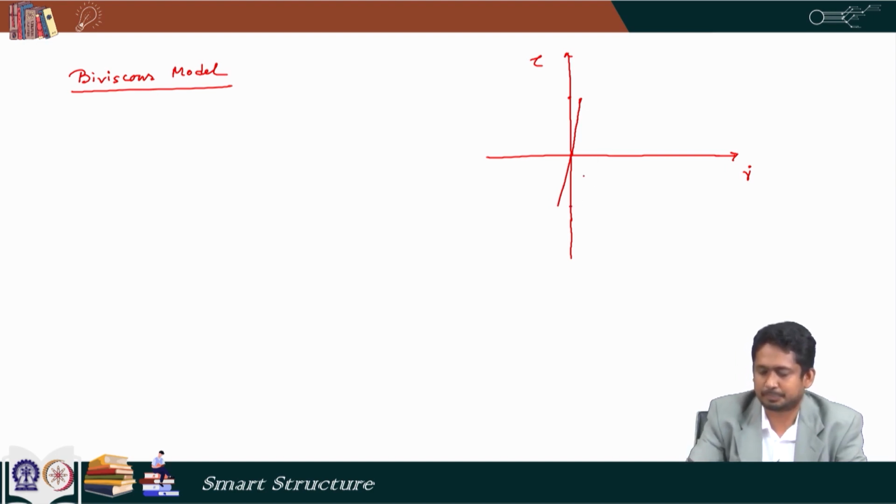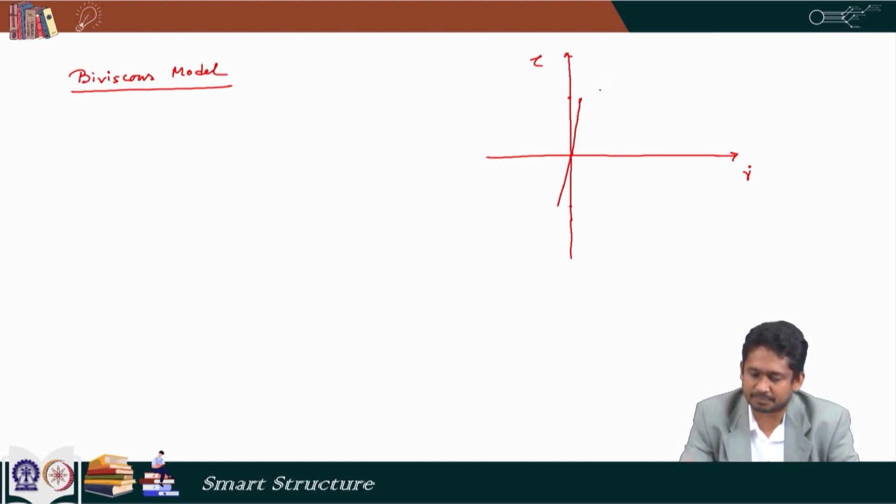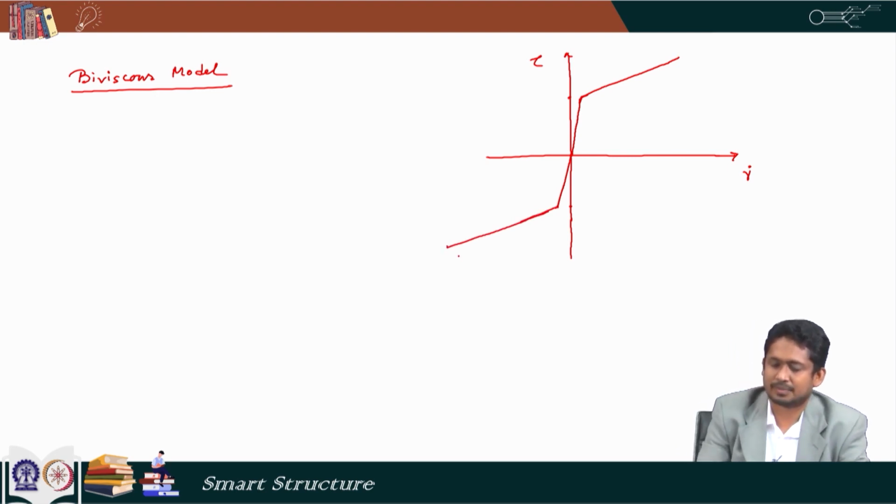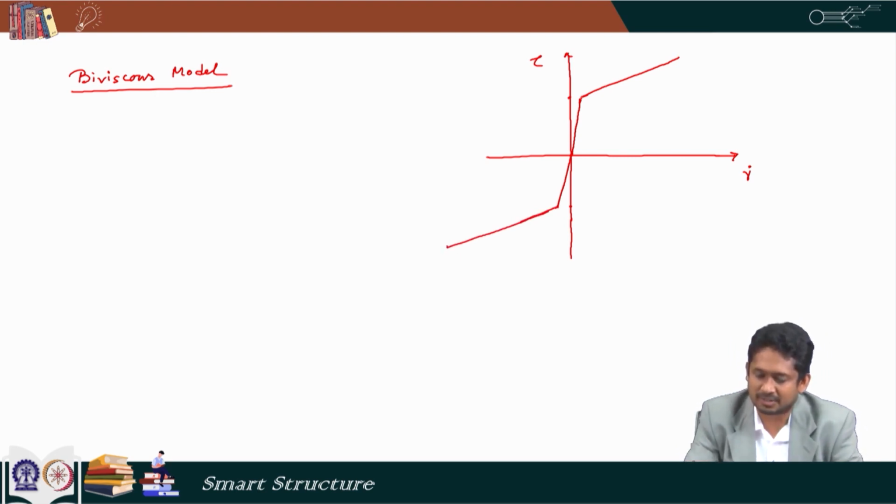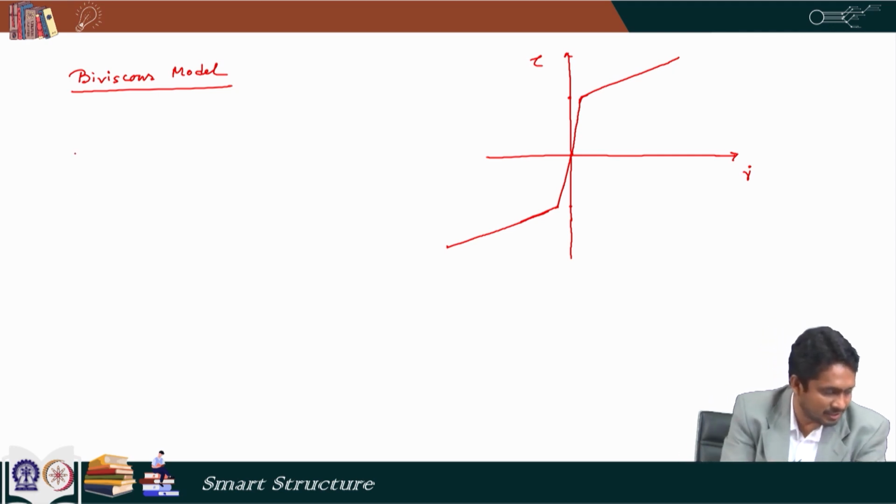Then after tau y is achieved, the viscosity reduces and then it behaves like this. So, instead of this point lying on the tau axis, it lies somewhere here, and that signifies a finite but high amount of viscosity between 0 and tau y, and after tau y the viscosity is same.